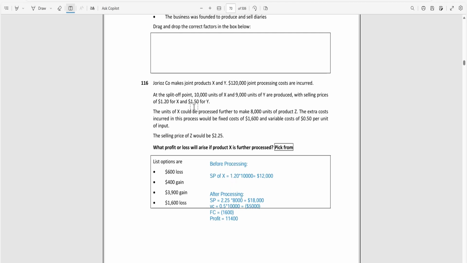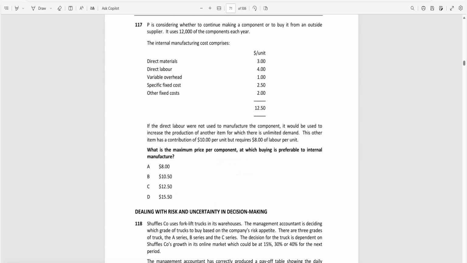Okay, so moving toward the next question that we have. Considering whether to continue to make a component or to buy it from an outside supplier, it uses 12,000 of the component each year, and the internal manufacturing cost comprises 12.50.